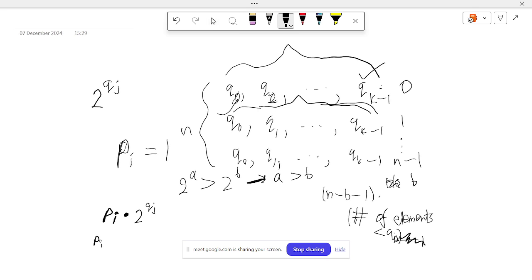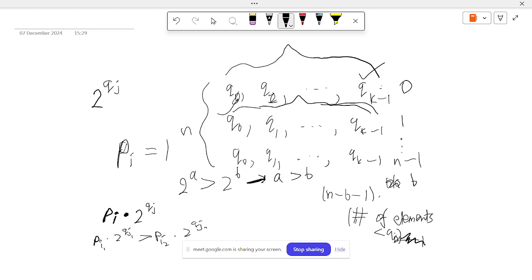But sadly we cannot, because Pi1 times 2 to the Qj1 being greater than Pi2 times 2 to the Qj2 does not mean that 2 to the Qj1 is greater than 2 to the Qj2.